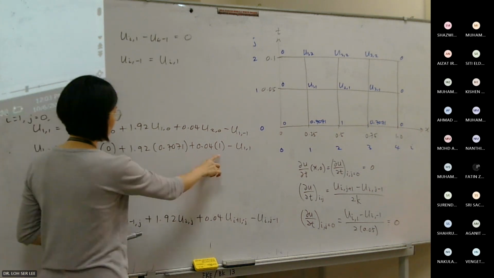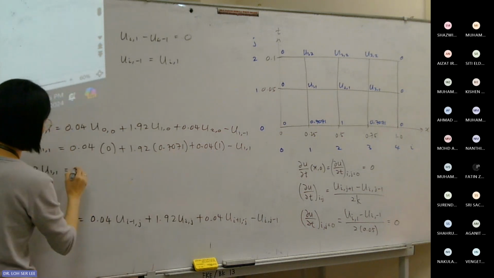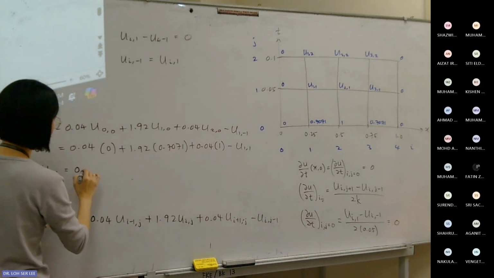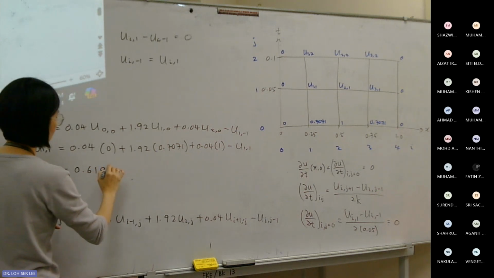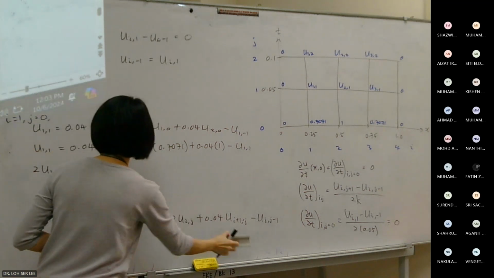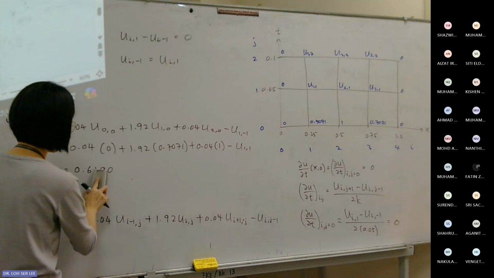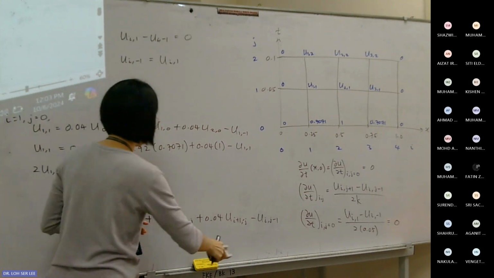So what do you get for this one? 0.661, 9, 0.6190, 6109, 9.69, 05.